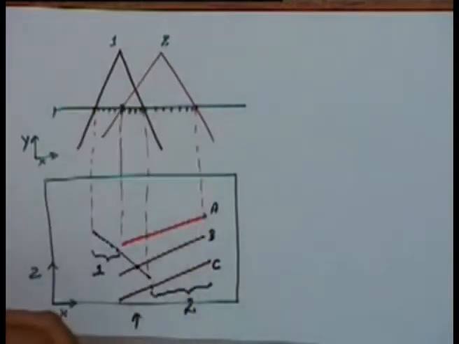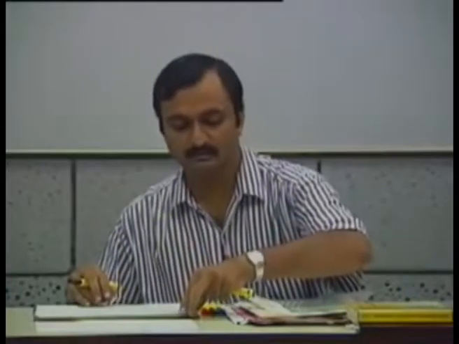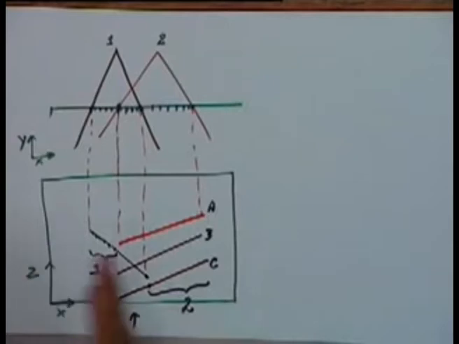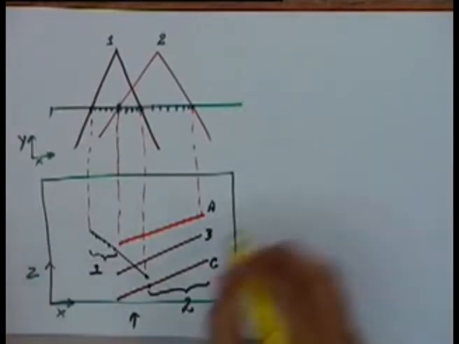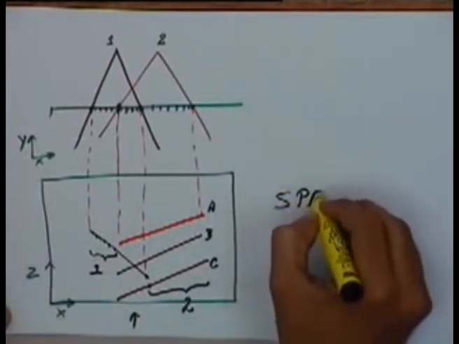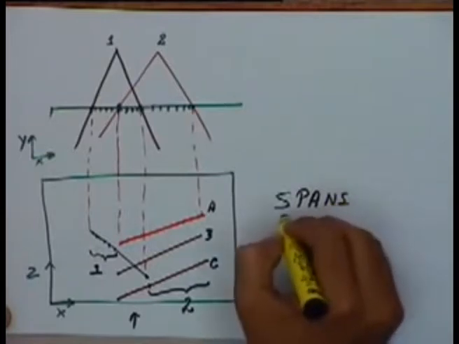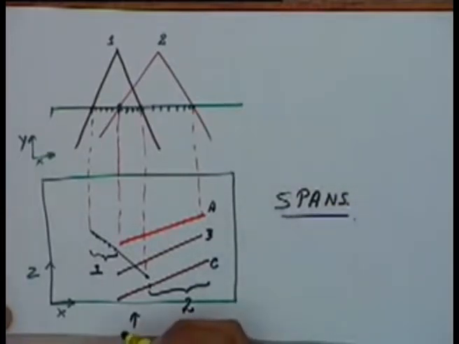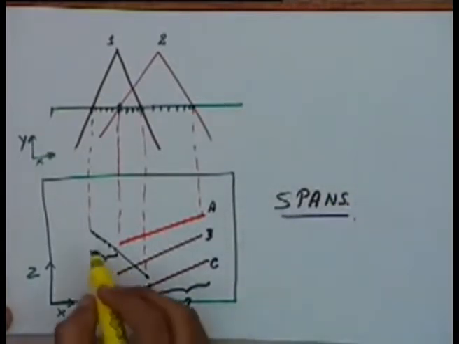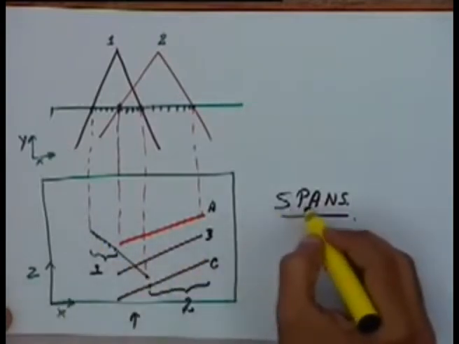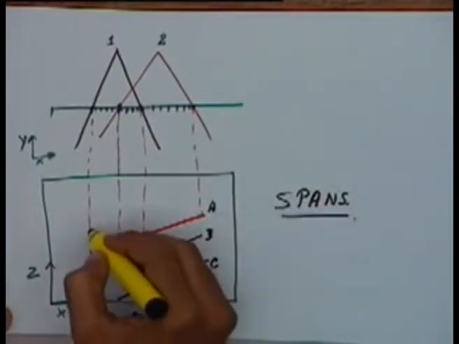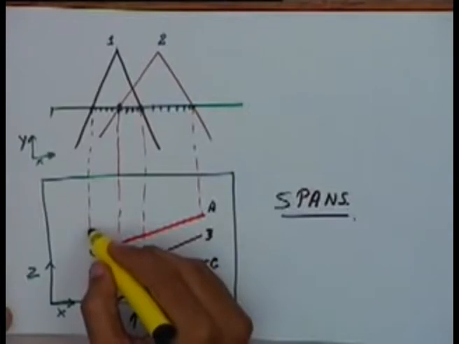So we will again modify the scanline Z buffer algorithm to take care of this. What we will do is we will divide this screen into a number of spans, where spans will be defined to go from one endpoint of a line.